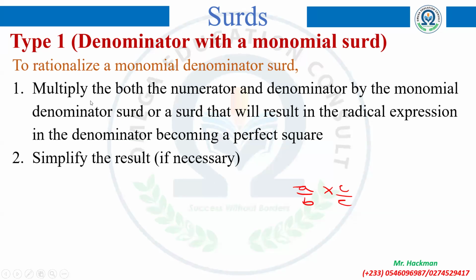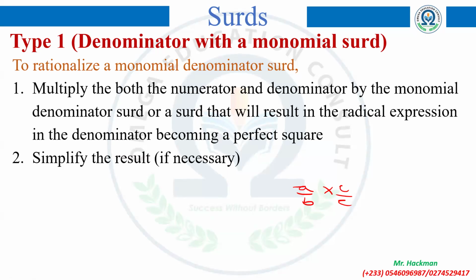Okay, then after, so this is to multiply both the numerator and the denominator by a surd, and take note of the second part, a surd that will result in the radical expression in the denominator becoming a perfect square. So your purpose is to remove the radical sign. Sometimes you have to zoom into what is making what you have there a surd.